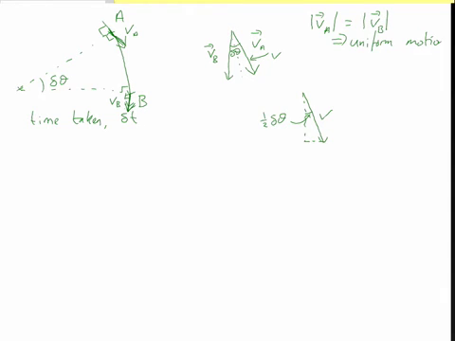If I look at the bottom of this triangle, I start with a velocity A, I end up with a velocity B, and so this here is my change in velocity, right? I start with this velocity, I end up with this velocity, so what I have to add to this velocity to get this one is just this vector here, and so that's my change in velocity delta V. So the length of this side here is a half the magnitude of delta V.